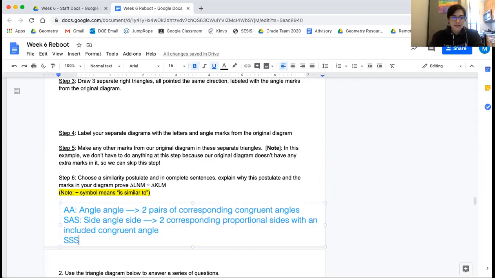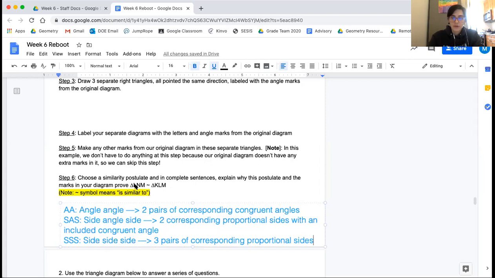And then we have SSS, which is side, side, side, and that involves 3 pairs of corresponding proportional sides. That means all 3 sides of each triangle correspond to another part and are proportional. So which of these postulates, look back at your diagram that you marked, which of these postulates prove these 2 triangles are similar?